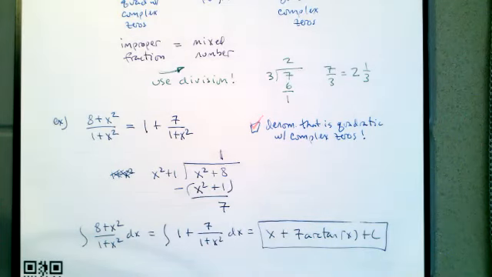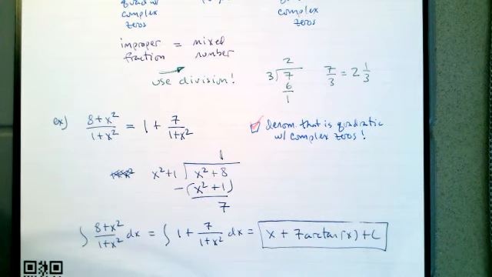We have an answer for any rational function for which the denominator is quadratic with complex zeros, no matter what the numerator is doing. If the numerator is constant, that gives us arctangents. If the numerator is linear, that gives us natural logs. If the numerator is of degree greater than 2, that means we use division to get to the mixed number form. Then we just have to integrate a polynomial, and then we'll have some arctangents and some natural logs.